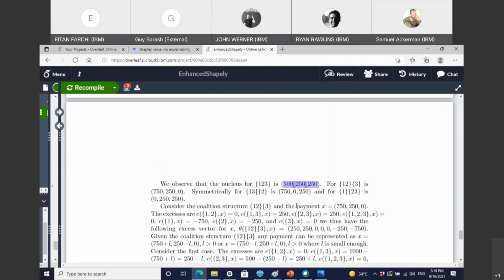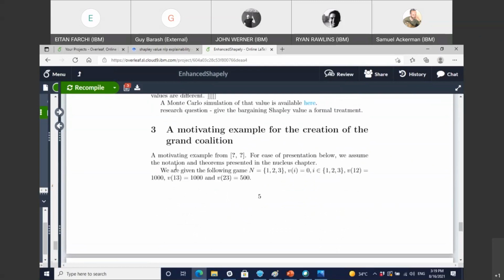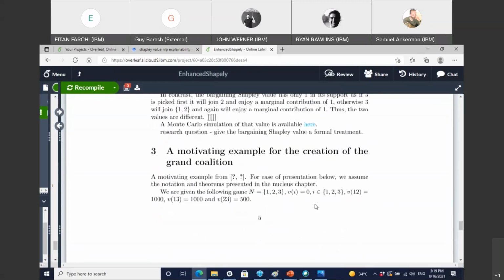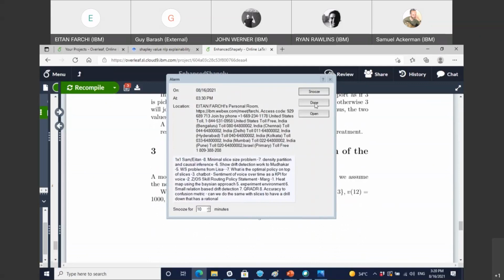How much can coalition 1, 2 do together?